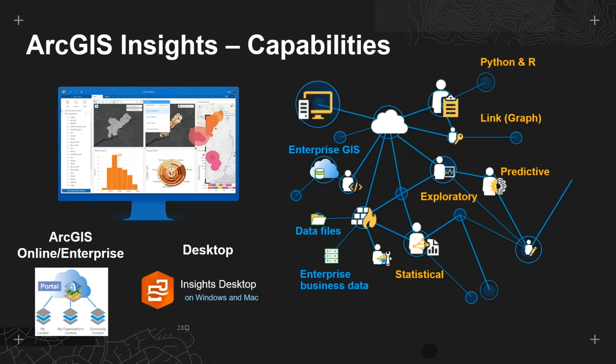These range from spatial analysis, statistical analysis, predictive and exploratory analysis, to link or graph analysis. Importantly, if Insights doesn't have that one specific out-of-the-box tool you need, you can use Python and R integration, which is available in the enterprise and desktop versions, to embed some additional analysis or data processing powers into your workflows.